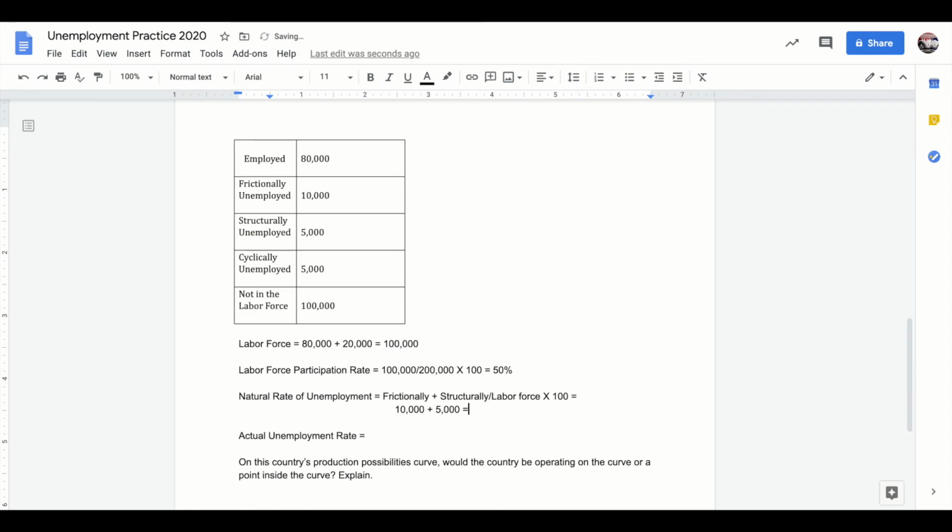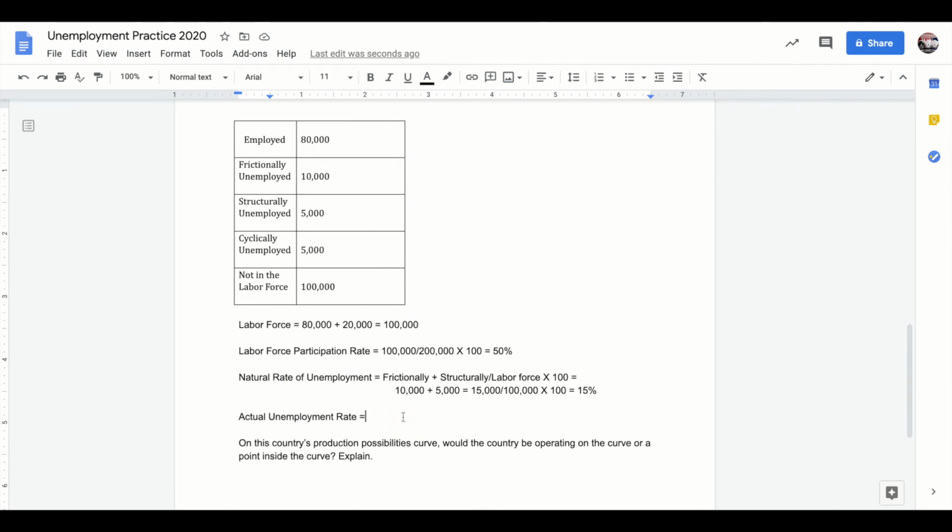First, I'll equal that: 15,000 divided by the labor force, which we already got as 100,000, times 100, and that comes out to 15%. So our natural rate of unemployment is 15%. Even when we're at full employment in this economy, we expect 15% unemployment.